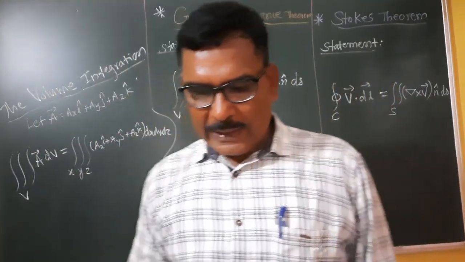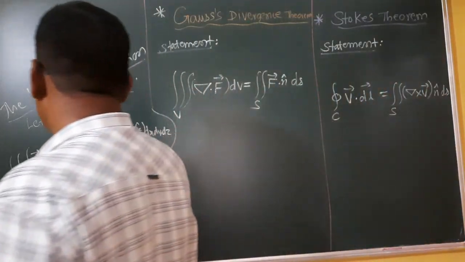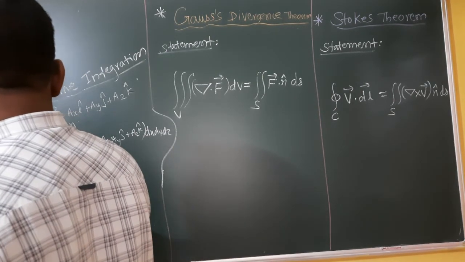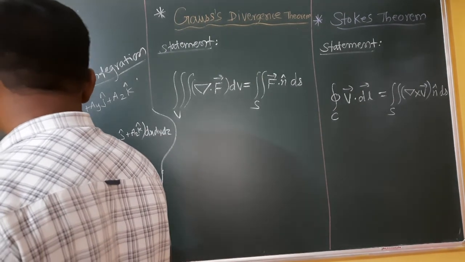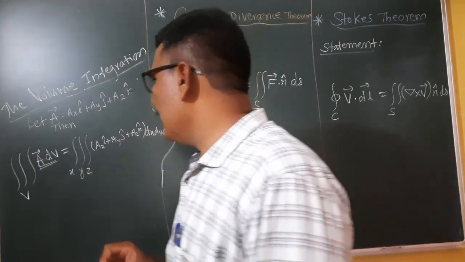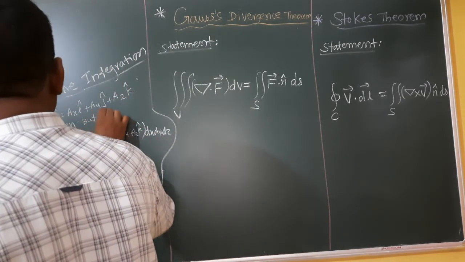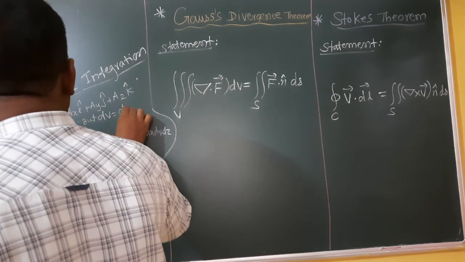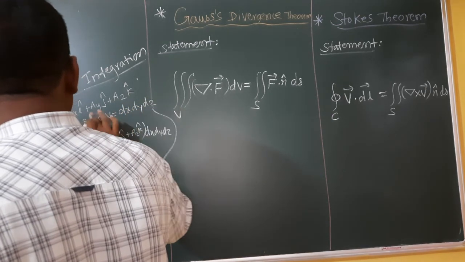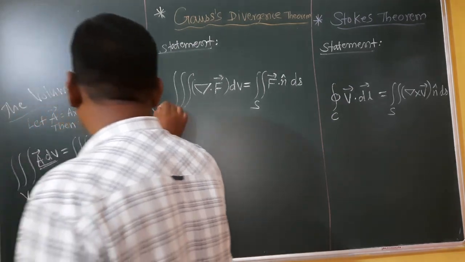Then the volume integration of A bar dv is defined as follows, where dv is the volume element, dx dy dz.